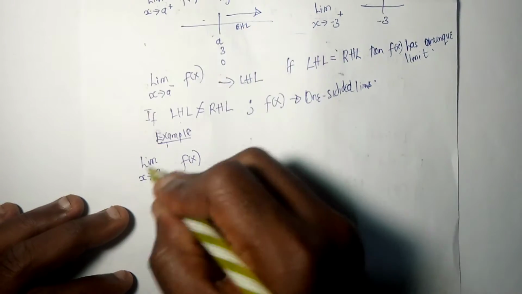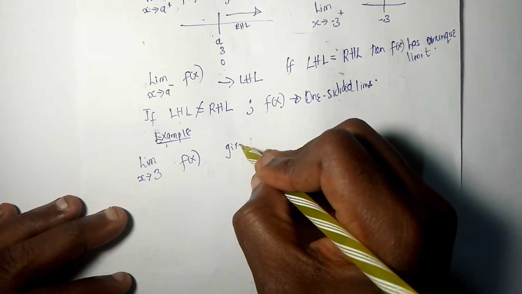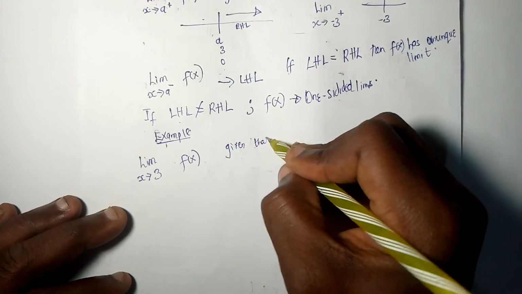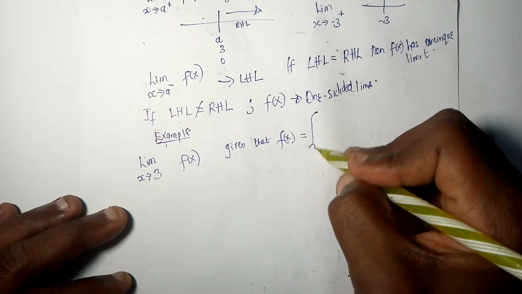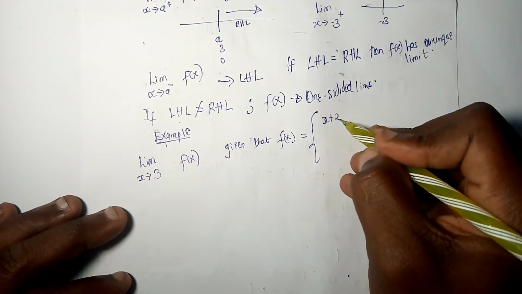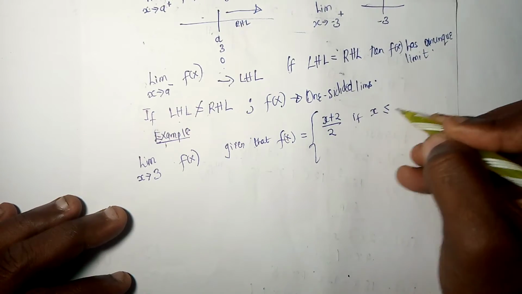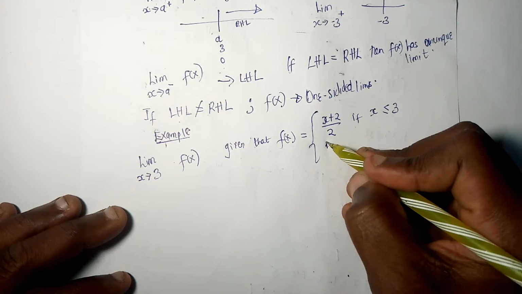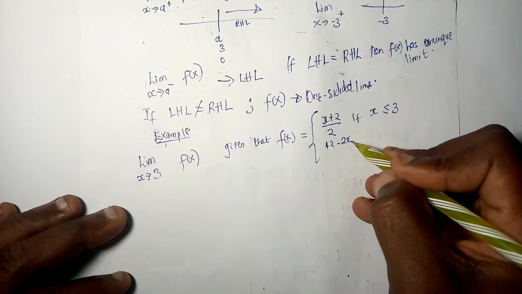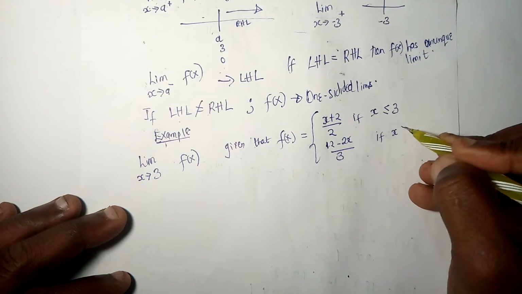Limit as x approaches 3 of f of x, given that f of x is equal to x plus 2 over 2 if x is less than or equal to 3, and this function is 12 minus 2x over 3 if x is greater than 3.